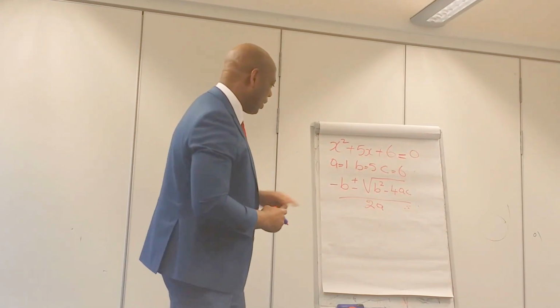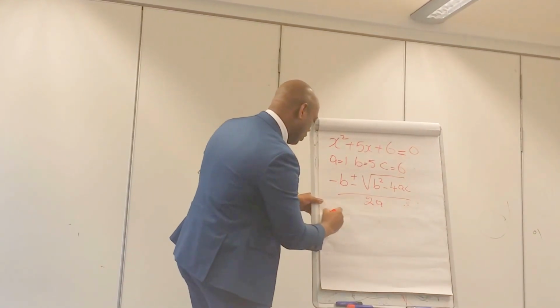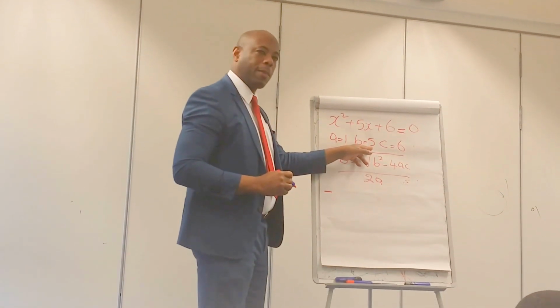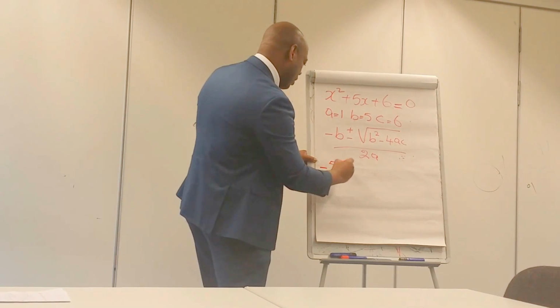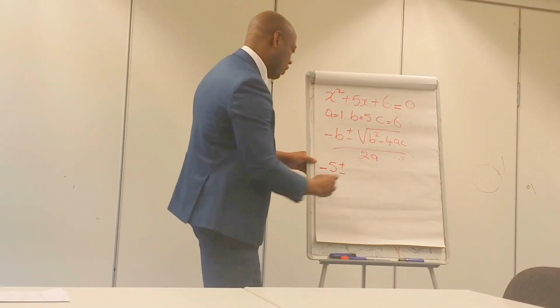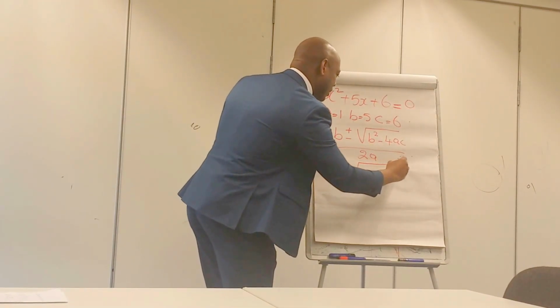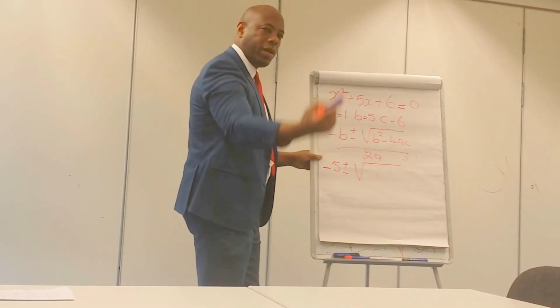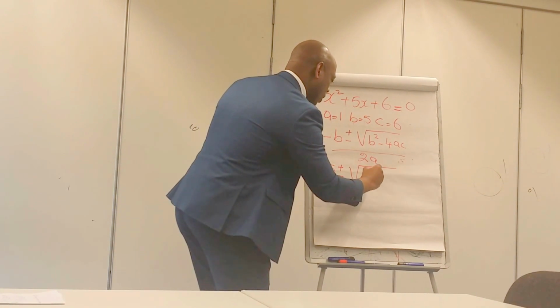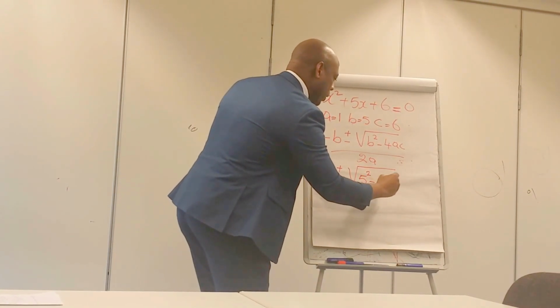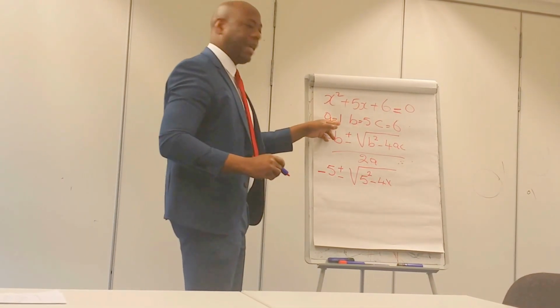Okay? So, we've got minus B. What is the value of B? B is 5. So we have minus 5 plus or minus the square root, and it says B squared, so we are going to have 5 squared, minus 4 times A. What is A?